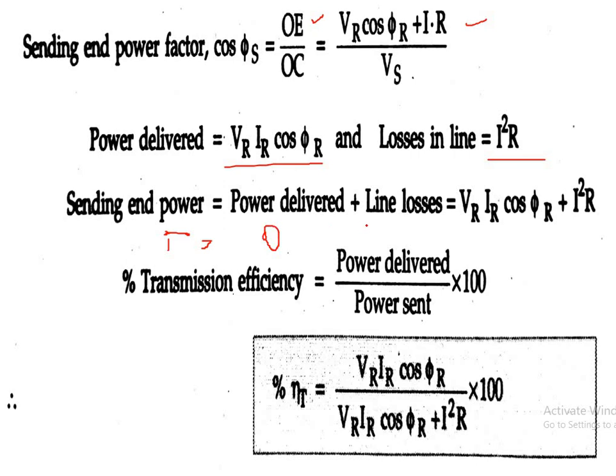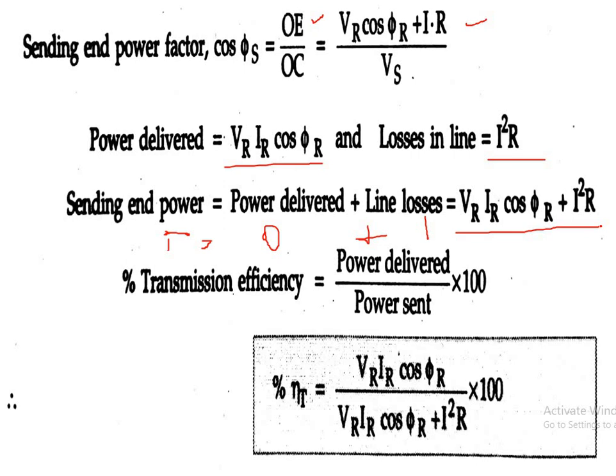Output power is the power delivered, or receiving end power, VR IR cos phi r. So you get VR IR cos phi r plus I square r.